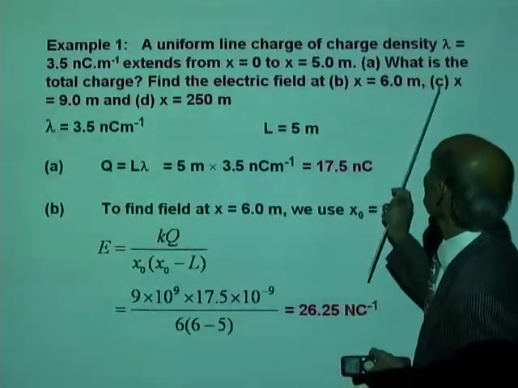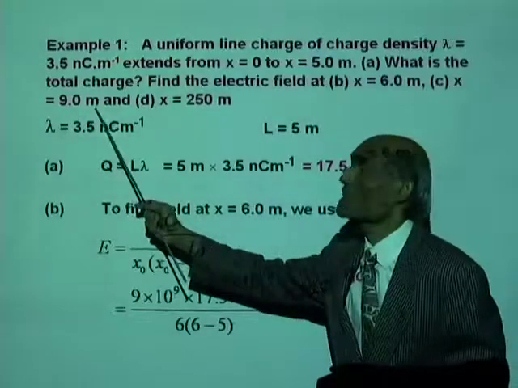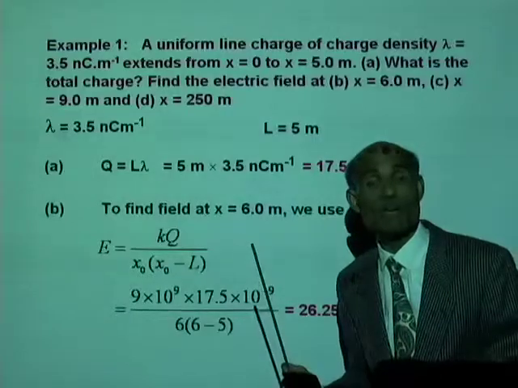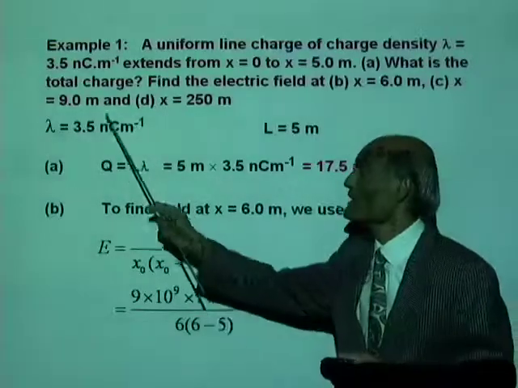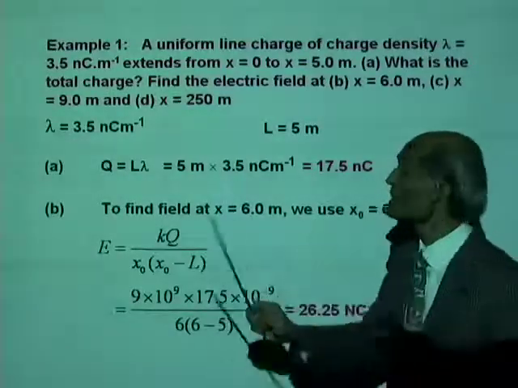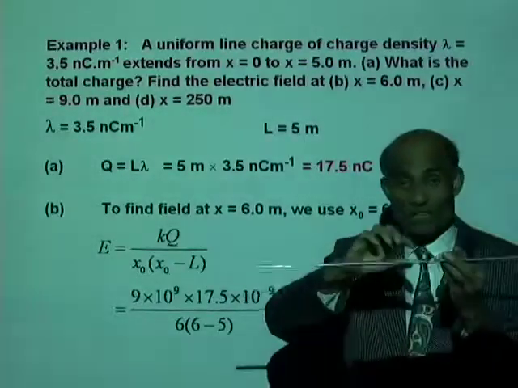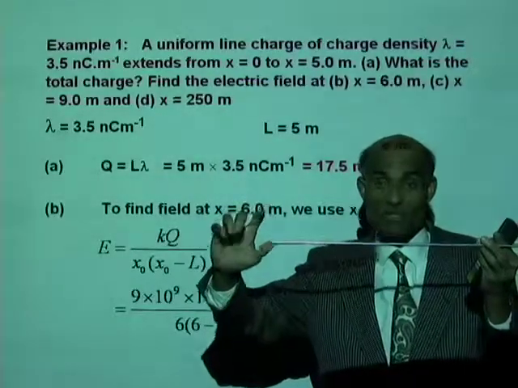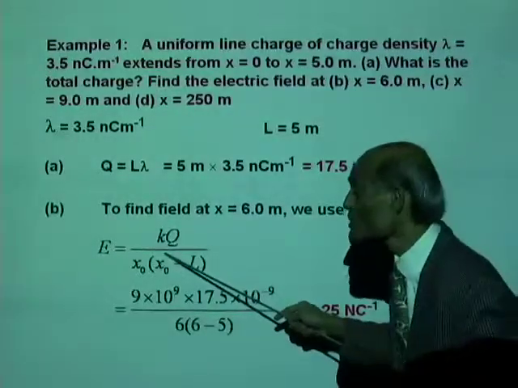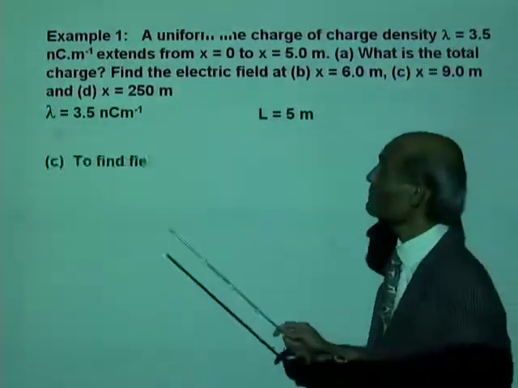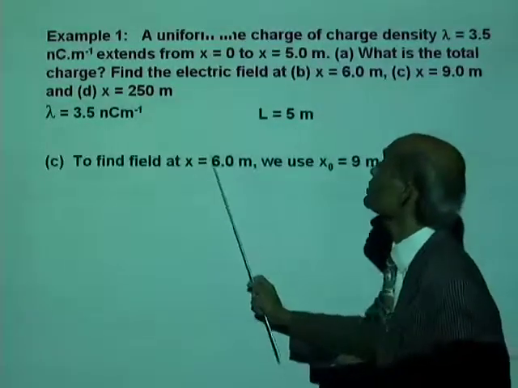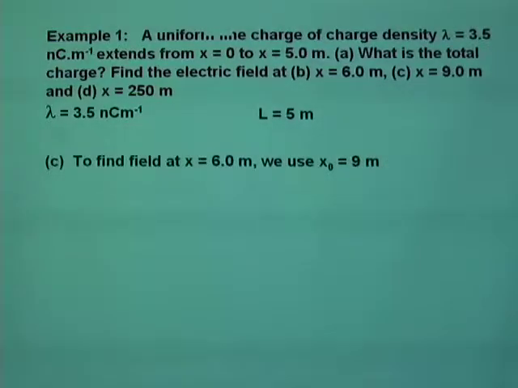Alright, in the next case, we need to find the field at x equal to 9 meter. Now, can we use the approximate formula there? No, 9 meter is not too far from a charge of length, how much? 5 meter. The length of the charged object is 5 meter. So 9 meters from one end is not very far. We still need to use that exact formula. So to find the field at x equal to 9 meter, not 6, it has to be 9 meter.